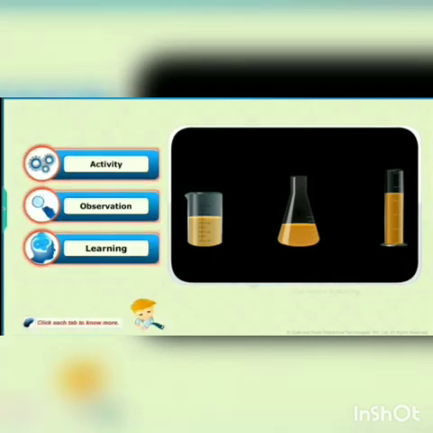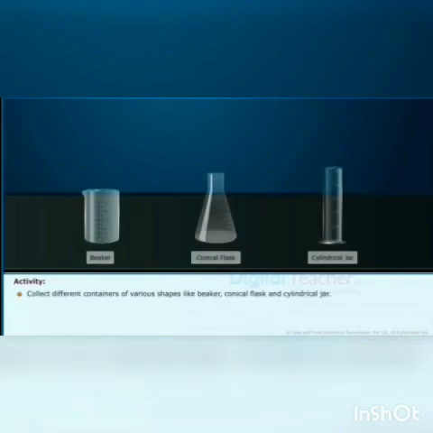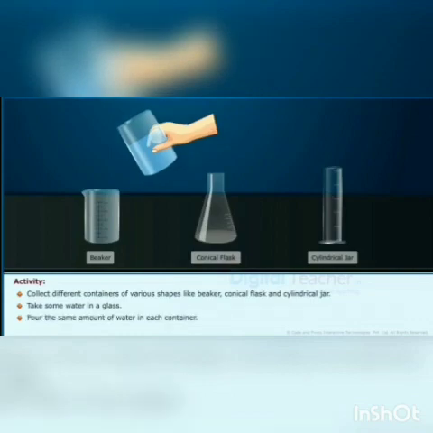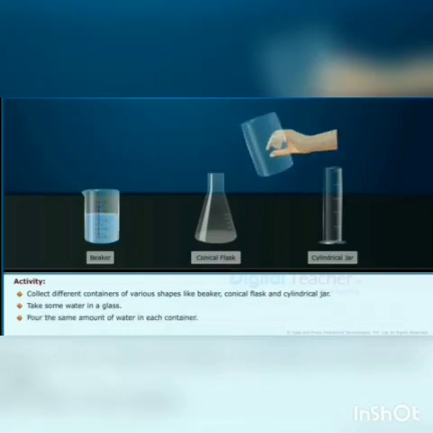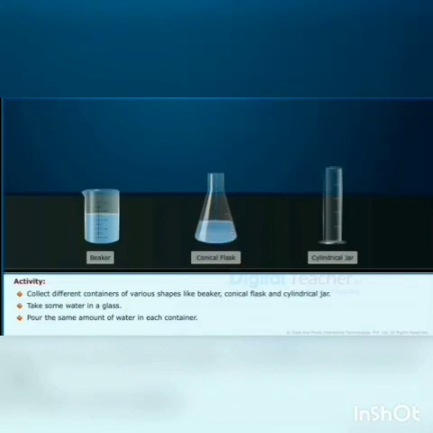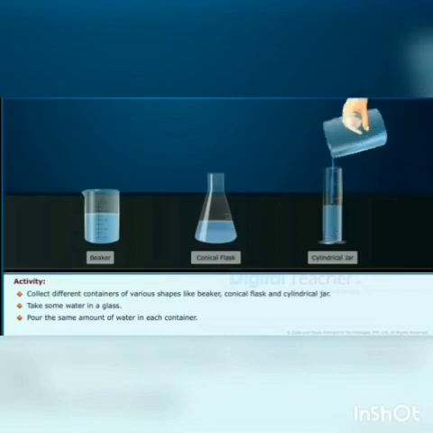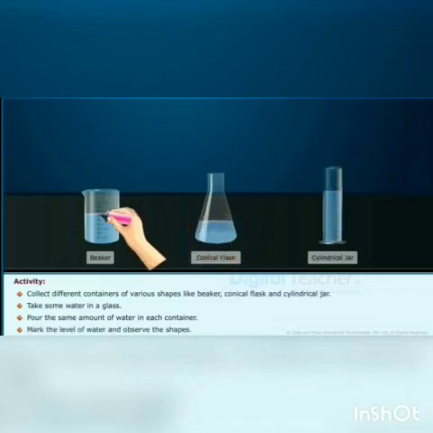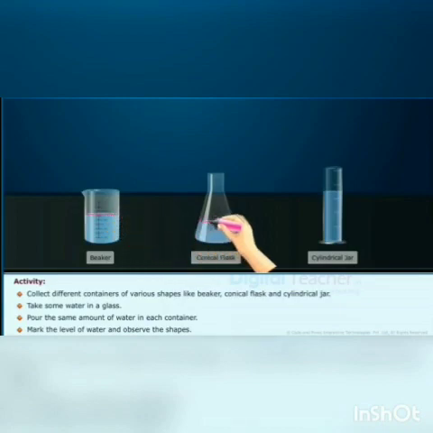Let us perform an activity to find out the shape and volume of liquids. Collect different containers of various shapes like a beaker, conical flask, and cylindrical jar. Take some water in a glass, pour the same amount of water in each container. Mark the level of water and observe their shapes.